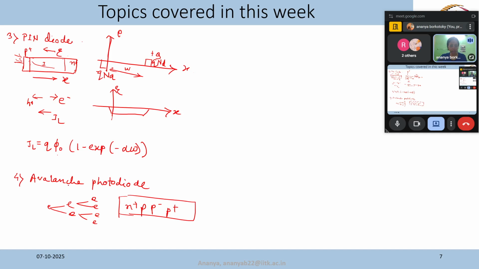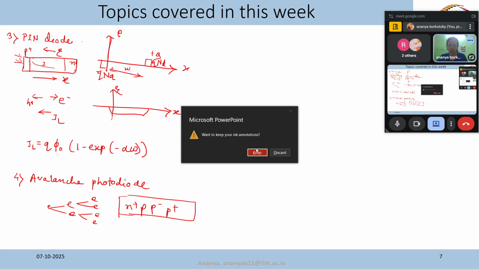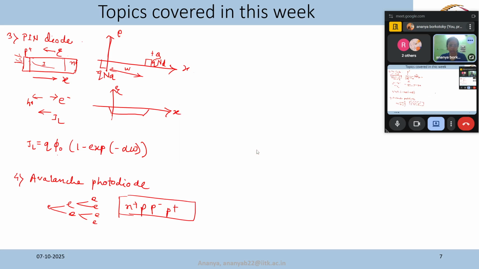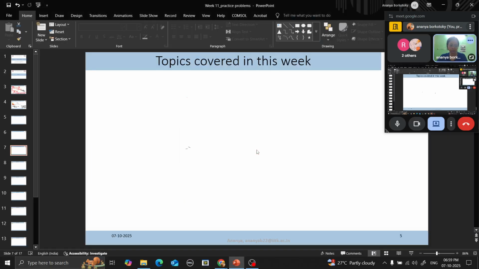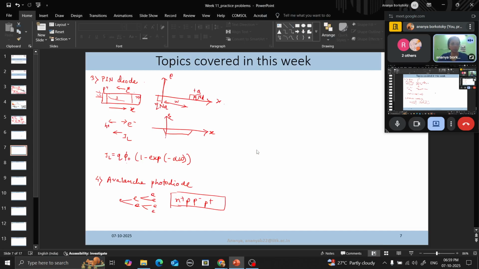But in this case the device configuration is designed so that it helps us: for one photon we get M electron and hole pairs, and that is how our photocurrent is much higher. I hope there is no doubt. I will go to the questions next.